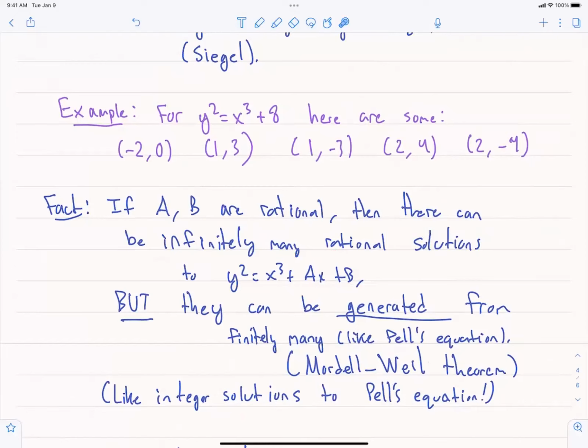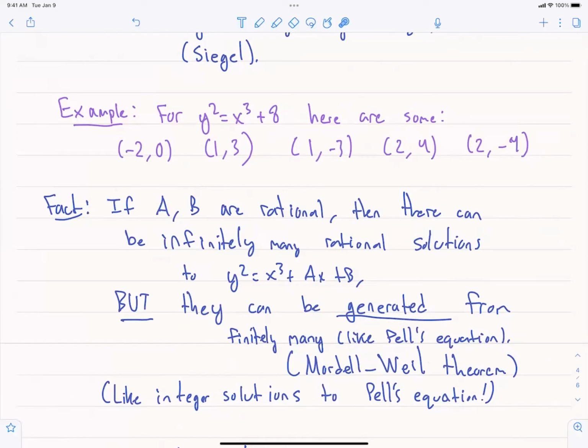And even though there can be infinitely many solutions, they can always be generated from finitely many. You can start with some finite set of solutions and generate all other solutions by adding together the points, which means computing the lines through two points, taking the intersection and flipping it, and just iterating that process.